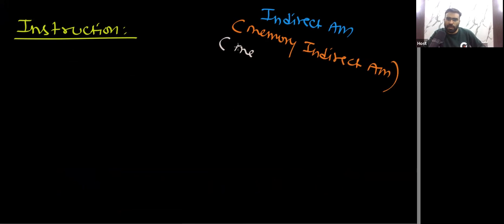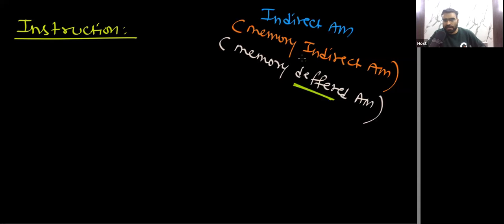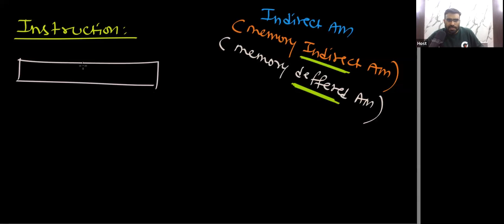You can also call it memory deferred. Some authors call it memory deferred addressing mode, meaning they use this word for indirect. These two words are the same. Remember, in this indirect addressing mode, your instruction has the memory address. Let's call it M1.